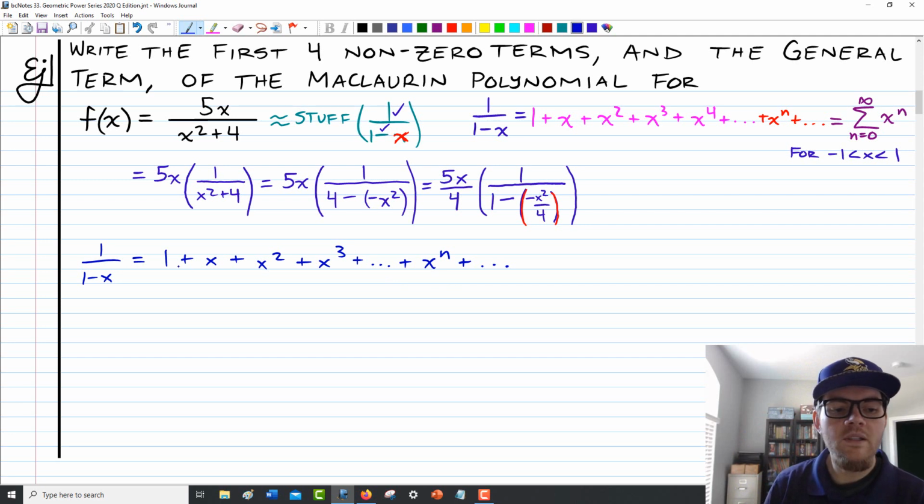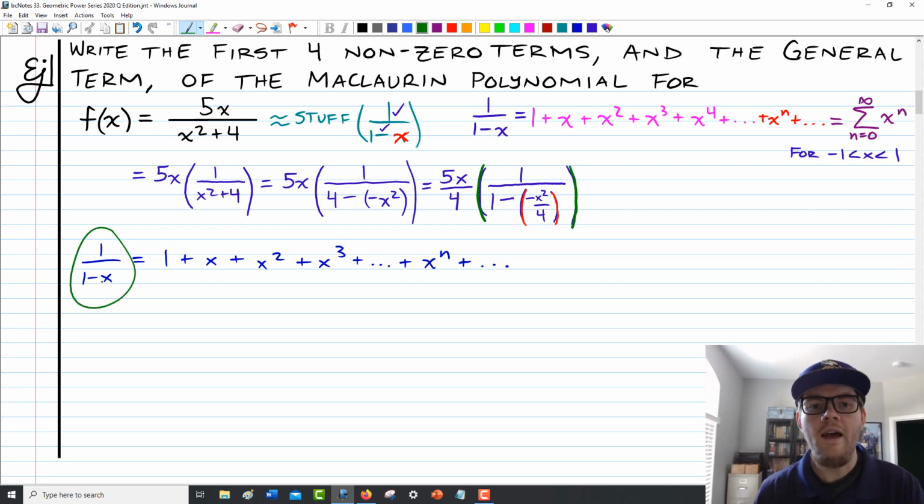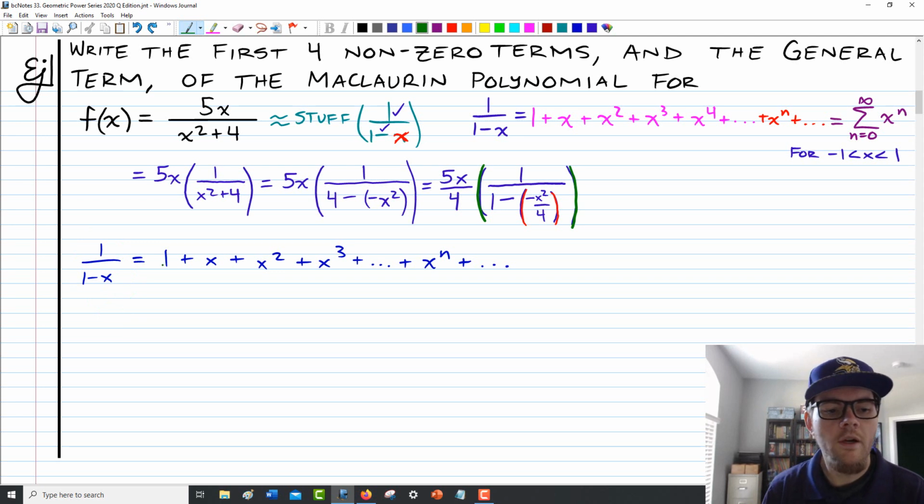So having said that, the reason I wanted to bring this up is that we can focus our attention inside here. I'm going to do it with green. We're going to focus our attention inside these parentheses and try to make it look just like that. So we're going to do basically substitution work.